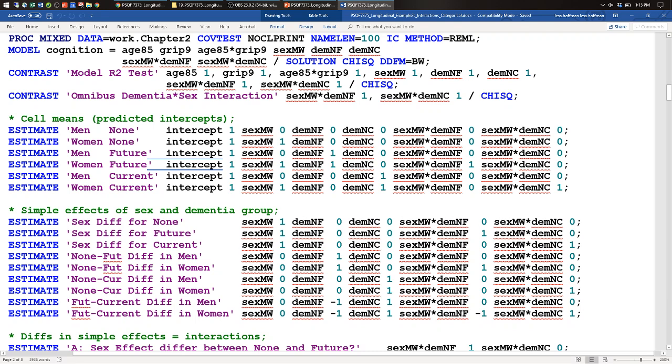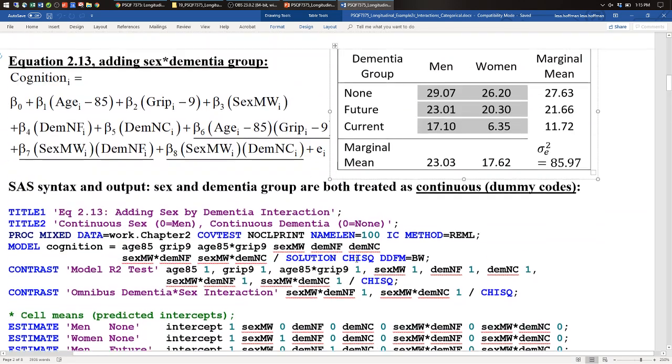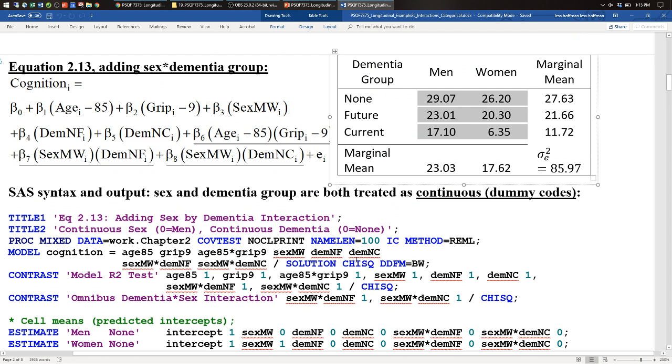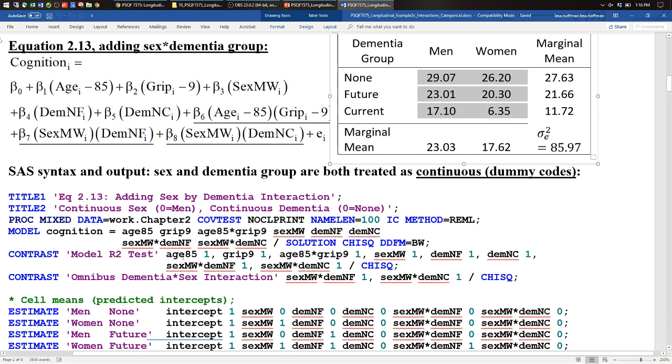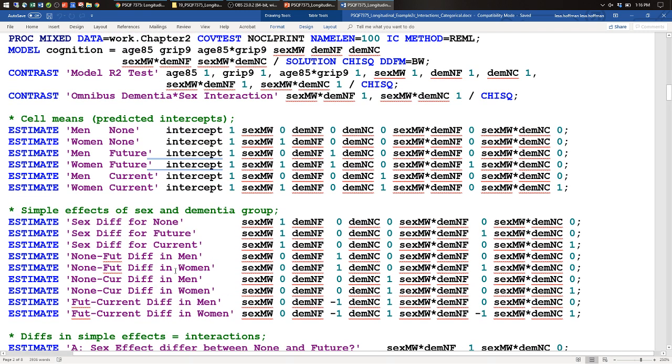Next, simple effects. Going back up to the table, I can ask, is there a gender difference in the none group? Is there a gender difference in the future group? Is there a gender difference in current? I can also go the other way and ask for each possible dementia group difference within each gender. Those are what's known as simple main effects or conditional main effects.